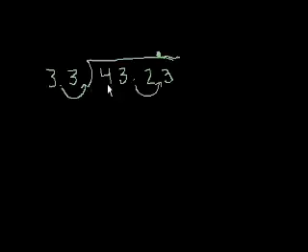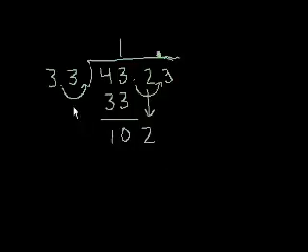33 goes into 4 0 times. 33 goes into 43 one time. That's easy. 1 times 33 is 33. Do the subtraction. 43 minus 33 is 10. Bring down this 2. 33 goes into 102.